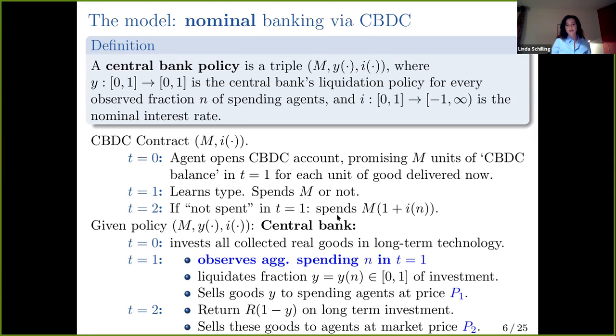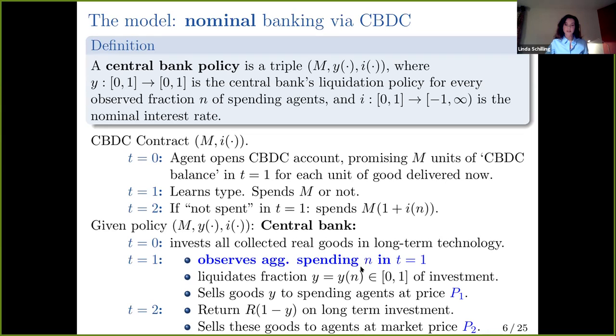And now how does this look from the central bank? At time 0, all agents walk to the central bank and hand over their real goods endowment. The central bank collects all these goods and invests all of them in the long technology. Now at time 1, the agents learn their types. They decide whether they want to shop now or rather later, and the central bank then observes aggregate spending behavior.